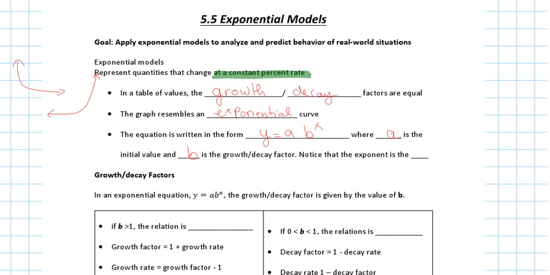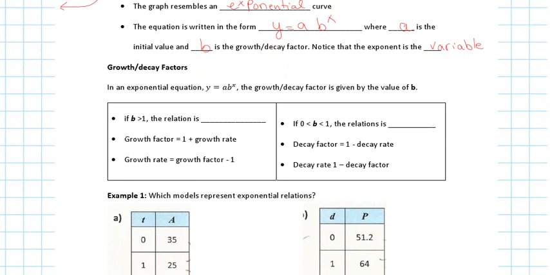X is your variable. The exponent is your variable. So in an exponential equation, y equals a b to the power of x, the growth or decay factor is given by the value of b.